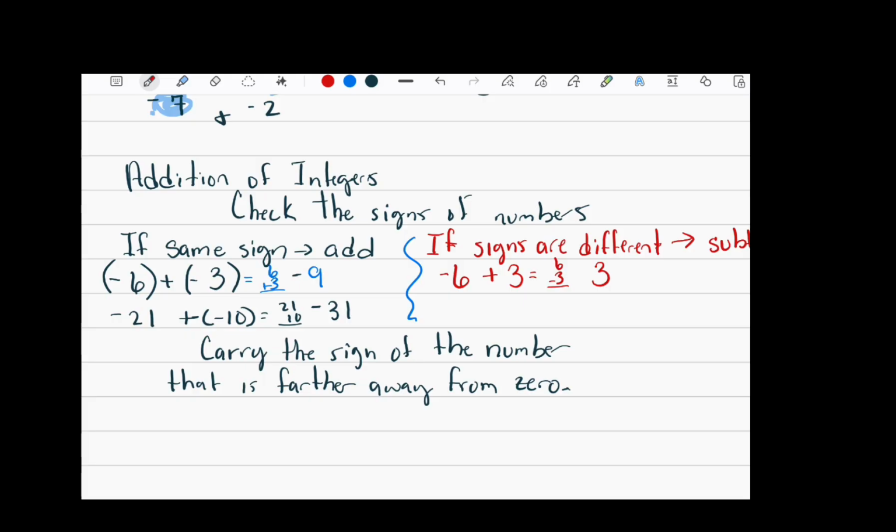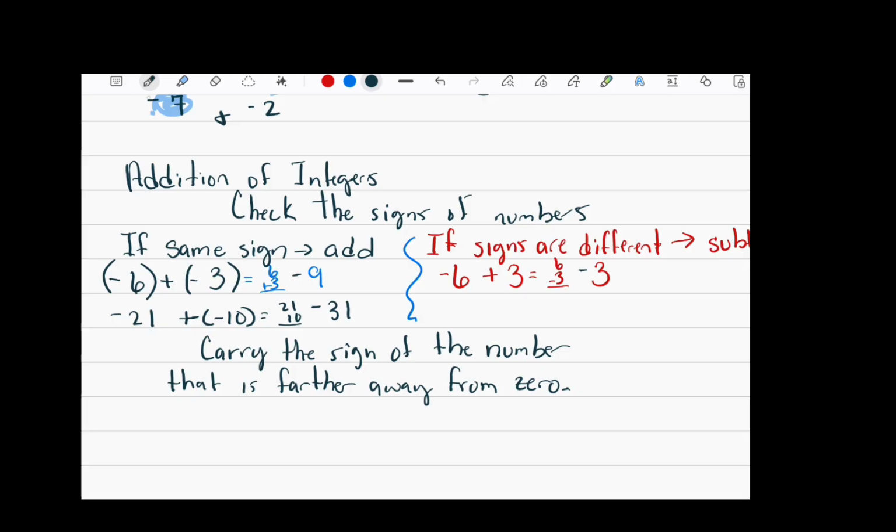Now, carry the sign of the number that is farther away from 0. Which number is farther away from 0? That's -6. So your answer will be -3. I don't want nobody telling me a negative plus a negative is a positive. That's not true.